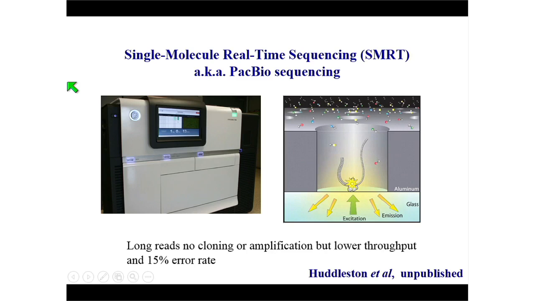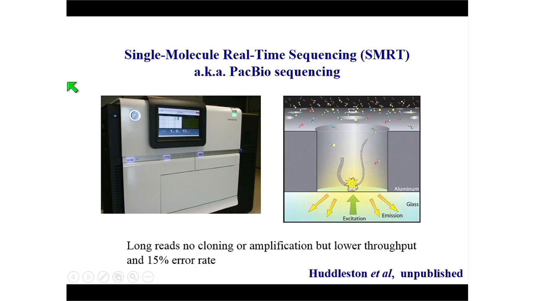The technology works on something called zero-mode waveguides. Zero-mode waveguides are essentially channels, about 50 nanometers in width, and there are 150,000 of them on a SMRT cell. The way this technology works is that you have your DNA polymerase, an engineered DNA polymerase, tethered to the bottom of the zero-mode waveguide.